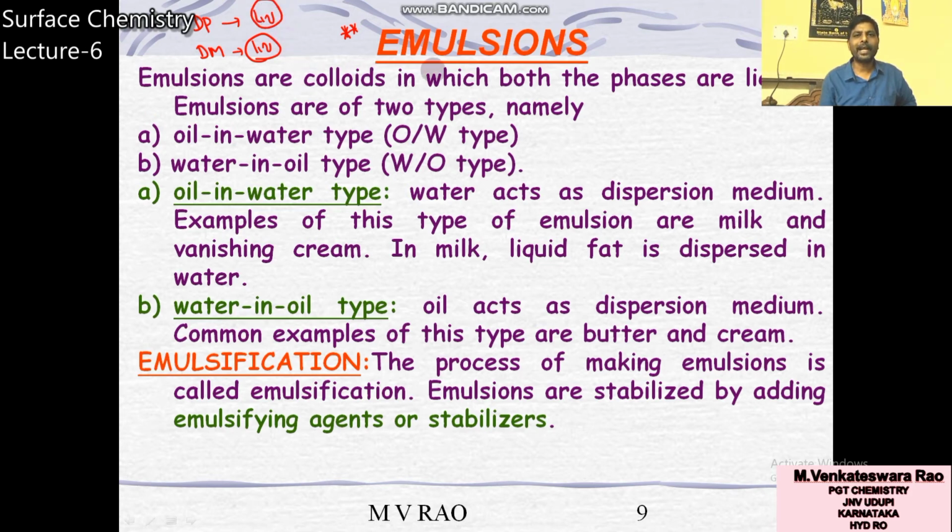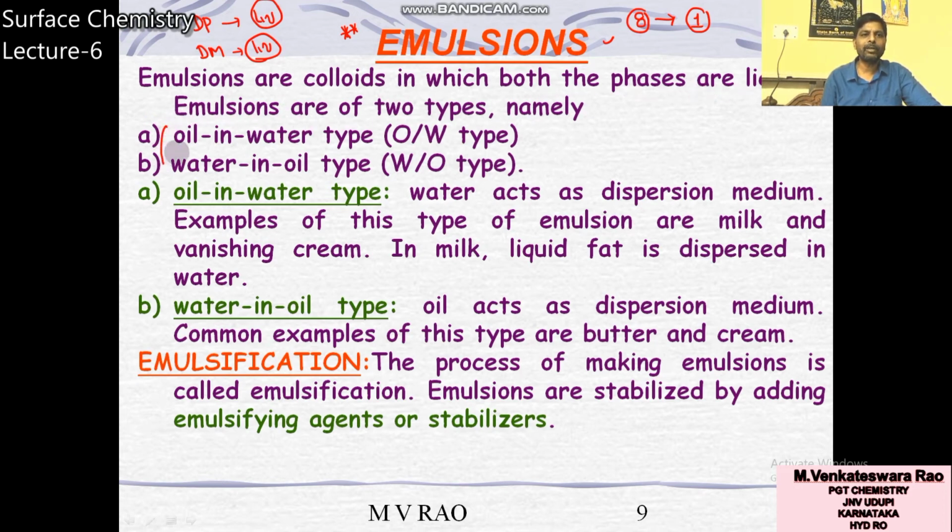Colloids are of 8 types, and from these, one type is emulsion, that is liquid in liquid.